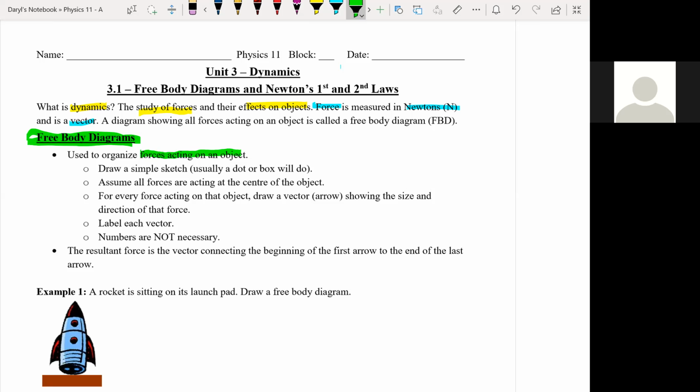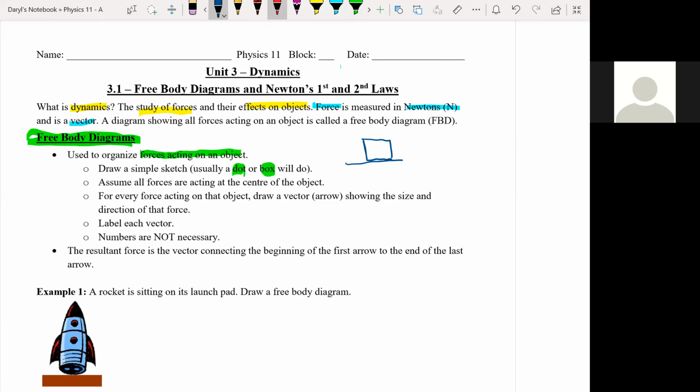If you're talking about a person, you can just use a dot, or sometimes a box. Most commonly I just use a dot. So for example, what would be the forces acting on this box lying on the surface?